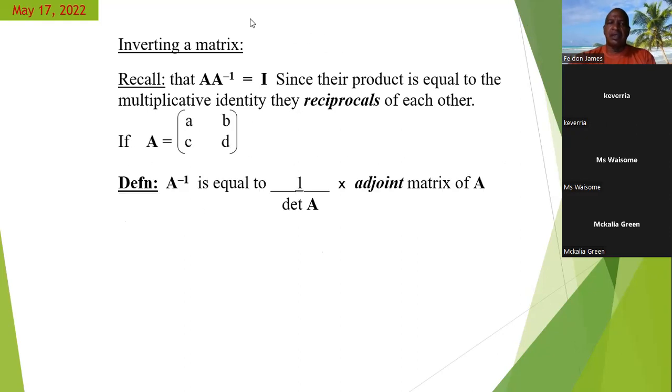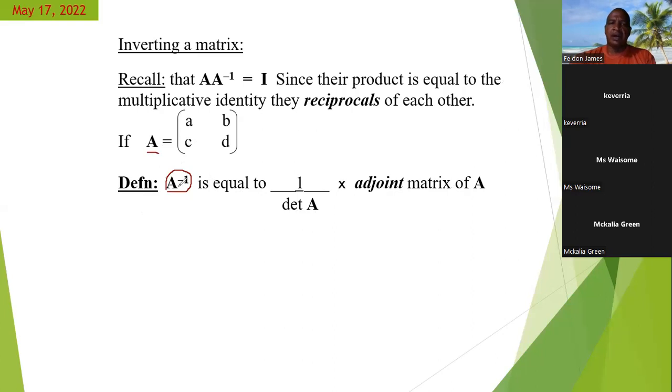So this is what we use to denote our inverse matrix. So if you have the matrix A in this general form, then the inverse of A, denoted by A minus 1, can be found by putting 1 over the determinant, and then you multiply it by the adjoint matrix, right? That's what we get for the inverse.